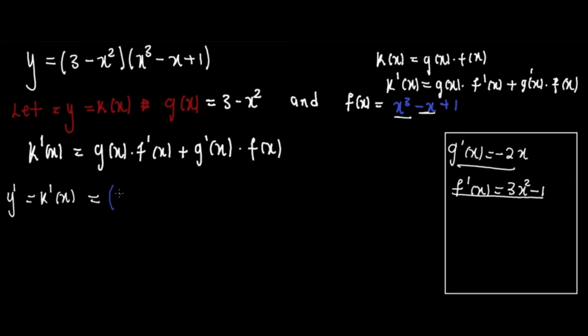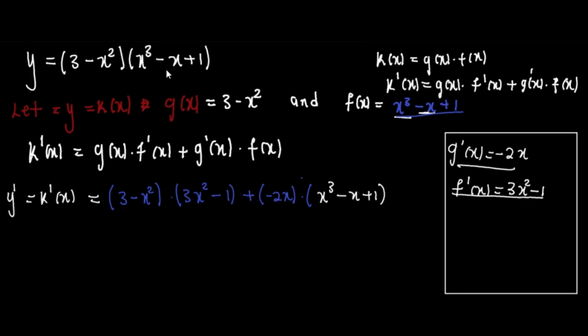So I'm going to say 3 minus x squared times f prime of x, which is 3x squared minus 1, plus g prime of x, which is minus 2x, times f of x, which is x cubed minus x plus 1. So this is the first derivative for this function.